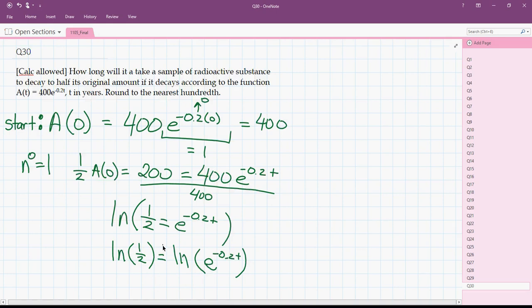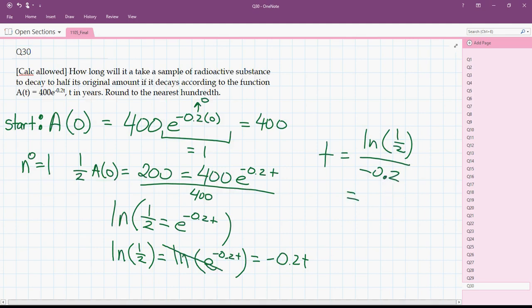Again, ln and e cancel each other, so this just becomes negative 0.2t. Then we divide through by 0.2, and we get that t is equal to the ln of 1/2 divided by negative 0.2.